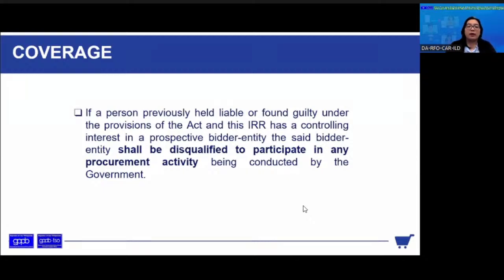So take note that it's not only the juridical entity, no, but the officials who are found guilty are also not allowed to participate when they have controlling interest in another corporation or another entity, which is the prospective bidder.